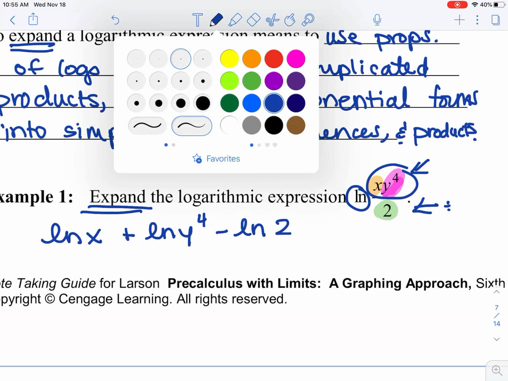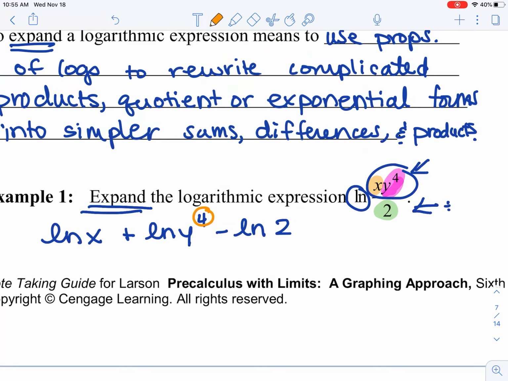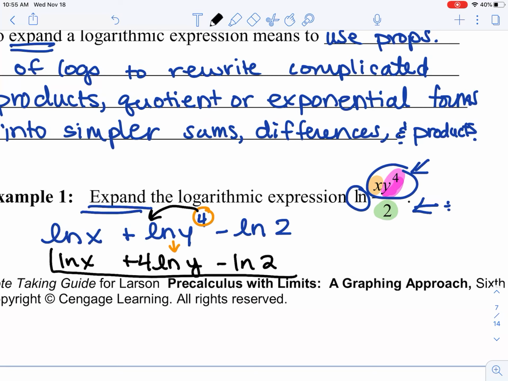And then I'm going to take one step further, and I'm going to deal with this power. This is going to get rewritten as this 4 comes out in front, so we get 4 ln of y, and then these just stay here. So we've got this expanded, simpler expression of ln of x plus 4 ln y minus the ln of 2, which is really equivalent to this expression.